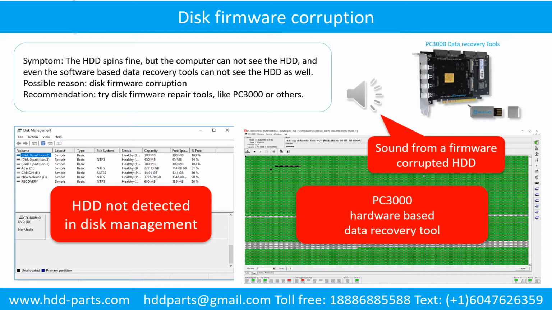Recommendation: try disk firmware repair tools like PC3000 or others. The following is the sound from one of the hard drives which experienced disk firmware corruption. It sounds like a good hard drive, but the computer cannot detect it.